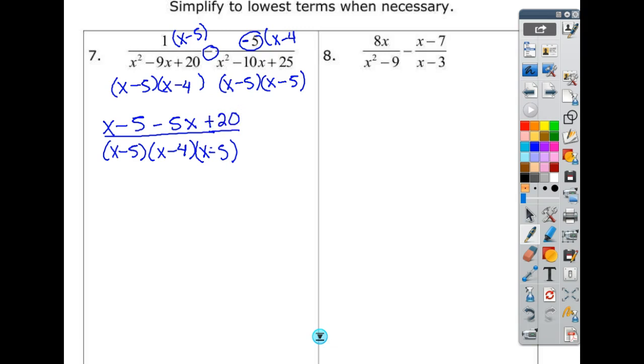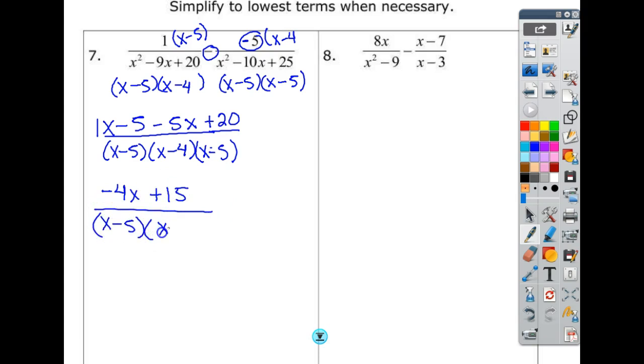So we're almost done. We got the hardest part done. We just need to combine like terms here. So what's 1x minus 5x? -4x. And what's 20 minus 5? 15. Do 4 and 15 both divide by the same thing?